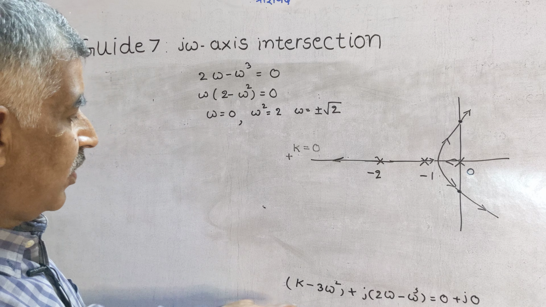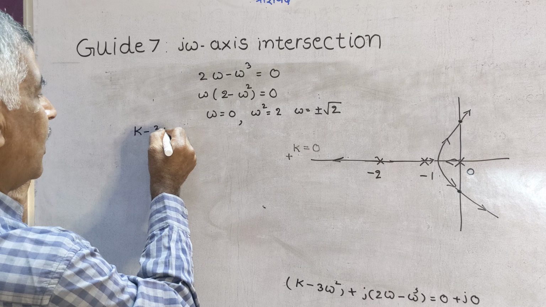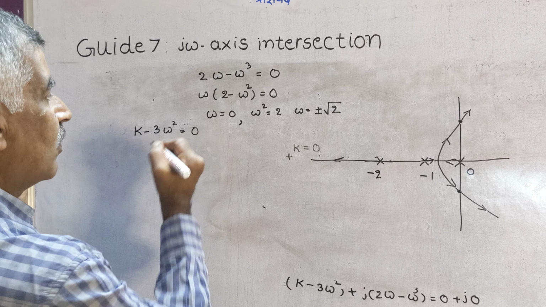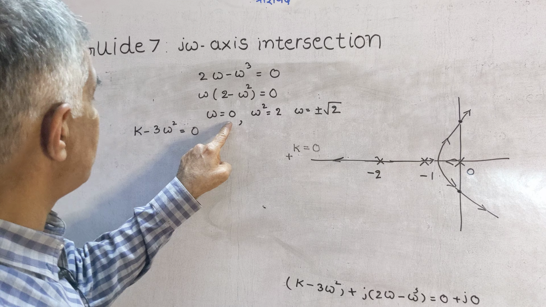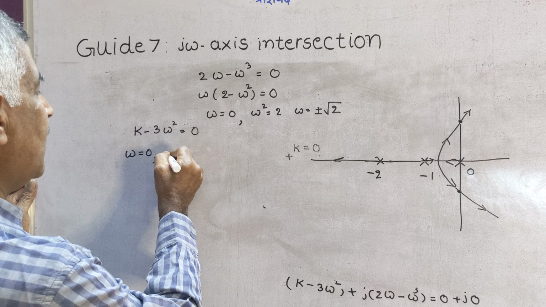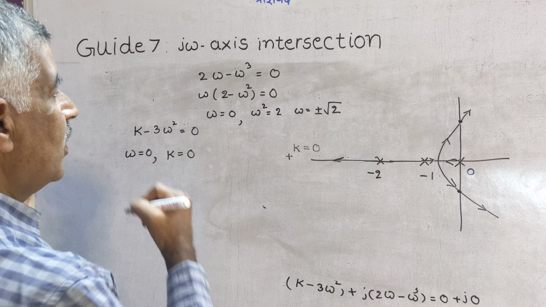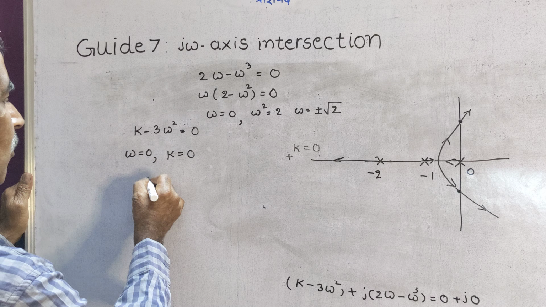So next, substitute here in k minus 3 omega square equal to 0. First, substitute omega equal to 0. For omega equal to 0, we get k equal to 0. Next, substitute omega square equal to 2.